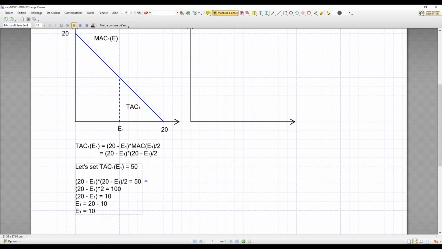Who got it? Just curious. Oh, only one. Well, so you see, drawing the curve is super helpful. I wouldn't dare start solving a problem without doing that, because otherwise it's confusing.